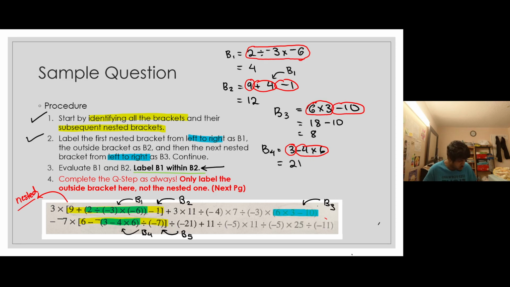That is going to be a negative 21 because we have more negatives than positives. Okay? B5 is our final bracket. Let's just write it as we see it for now. We have 6 minus, and then of course we have our answer from B4, which is negative 21, right? And then we're going to label this as B4.